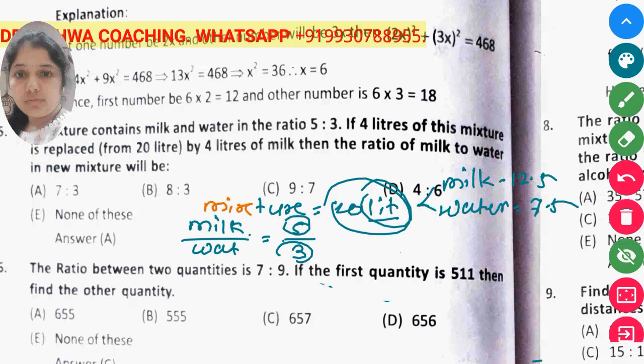Now from this mixture 4 liter of mixture is removed. Okay, 4 liter of mixture is removed, not 2 liter of milk and 2 liter of water. So we have to calculate first how much milk is removed and how much water is removed.